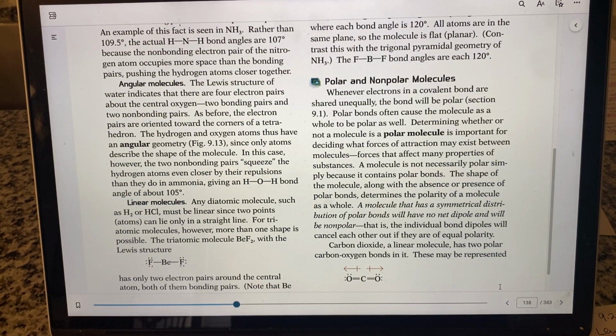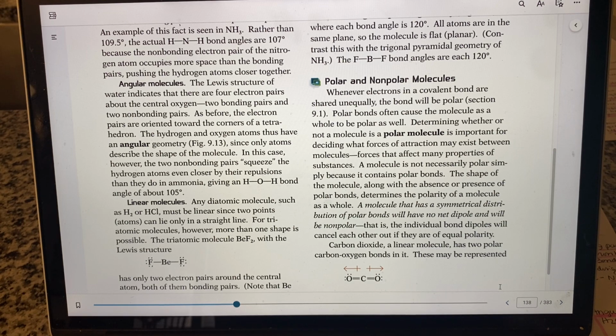So let's go on from that point. We're going to go on to the polar and nonpolar, which we already have talked about, but you're going to go back to it, and they're going to show you some more things about polar and nonpolar. So here's at the bottom here. Do you see this picture at the bottom? So polar and nonpolar.